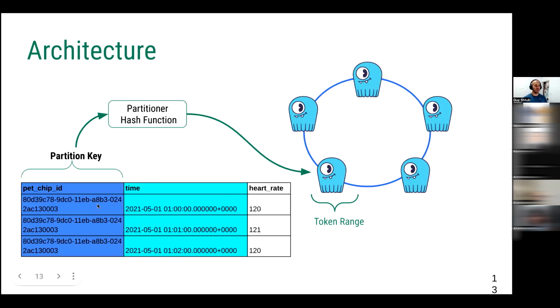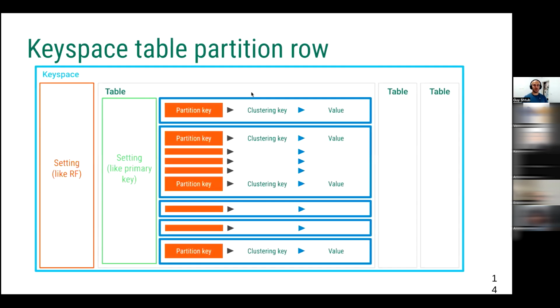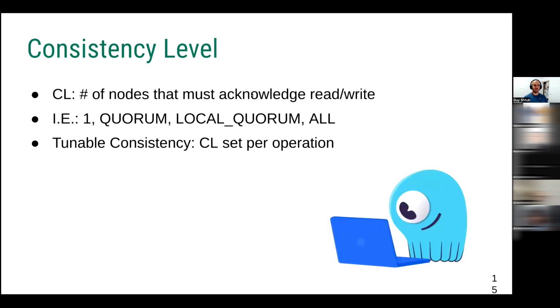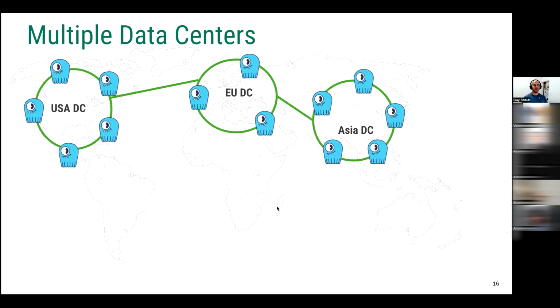Say we call the row 1, and then according to the received hash, it knows which replica nodes are responsible for that data. Okay, great.